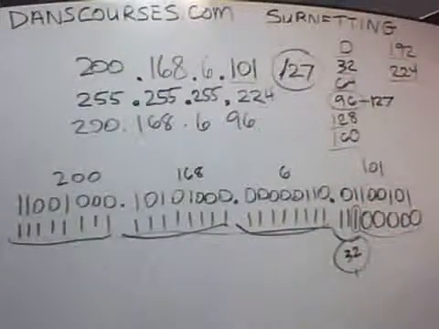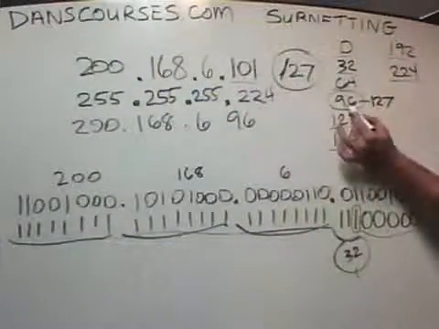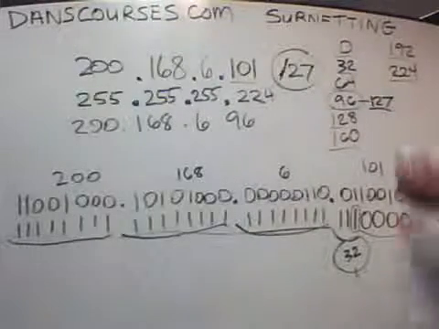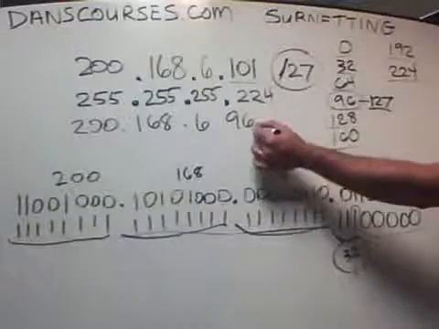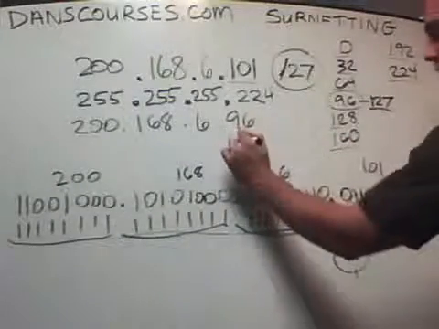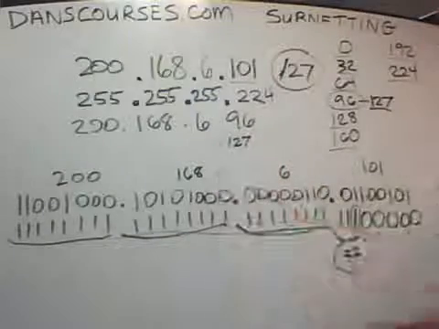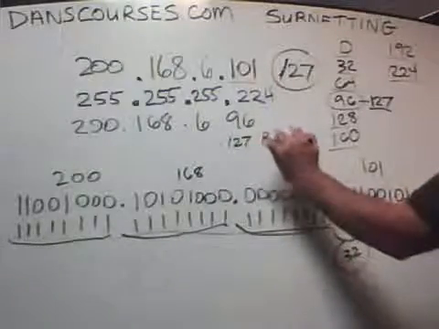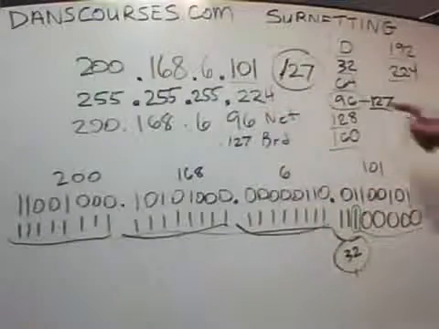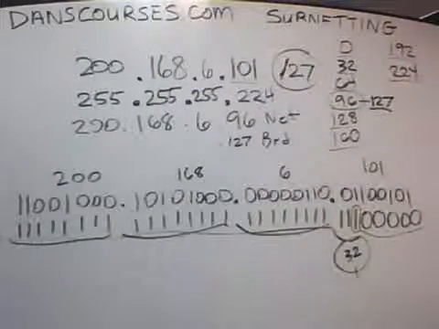How do we know that? Because 101 is in between 96 and 127, and it falls within that range, so it's in the 96 network. The broadcast address in that network will be 127. That would be the broadcast address. This is the network address, 96. So in a /27, that's the result.